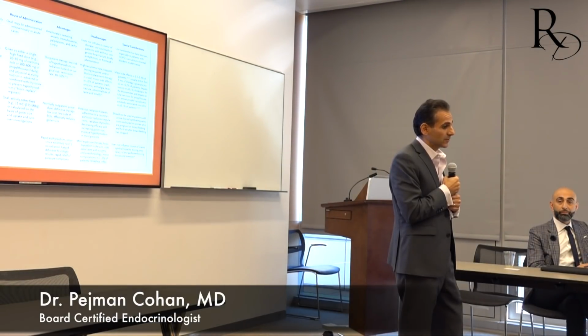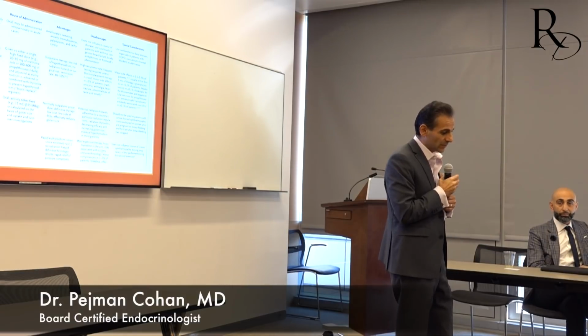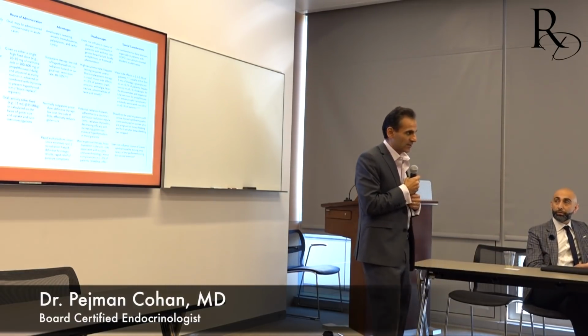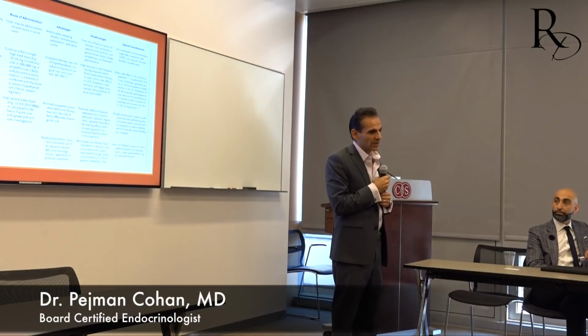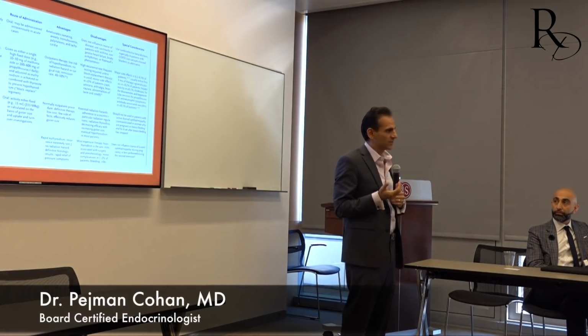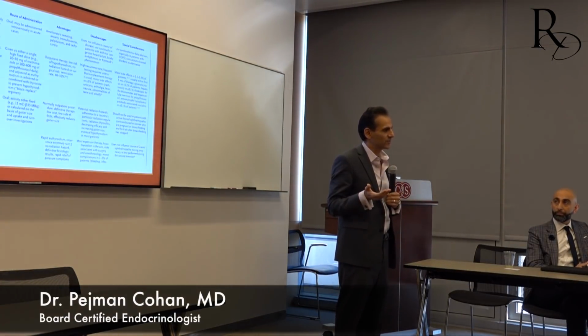And the other point worth mentioning is that when a person has an autoimmune disease like Graves' disease, they're actually at risk for other autoimmune diseases. Their immune system is dysregulated.